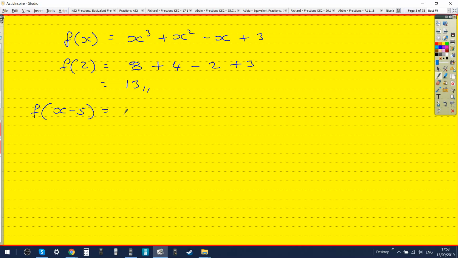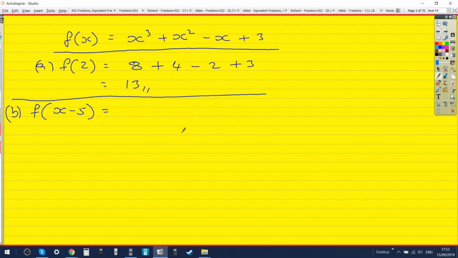And then substitute 13 into x, so... No, part B, different question. So up here is the f of x. And what is the f of x minus 5? I'm not sure.